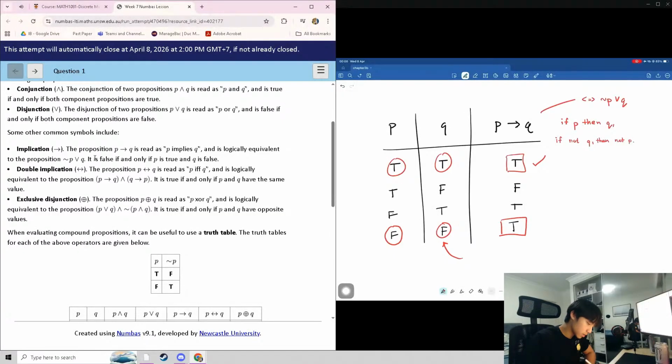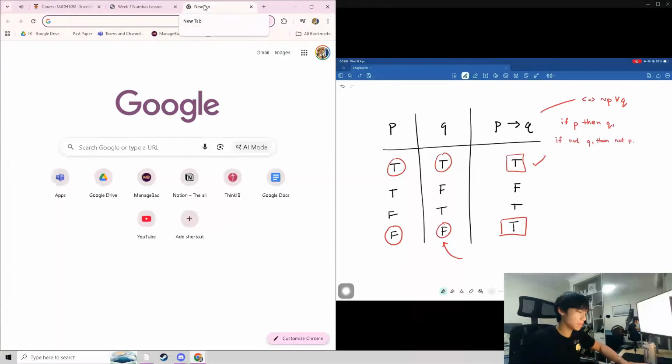This is if not P, sorry, so not P or Q. Maybe I have some gap in my knowledge with truth tables.